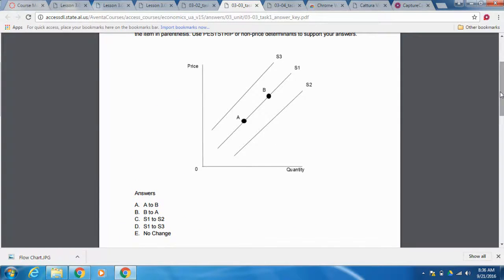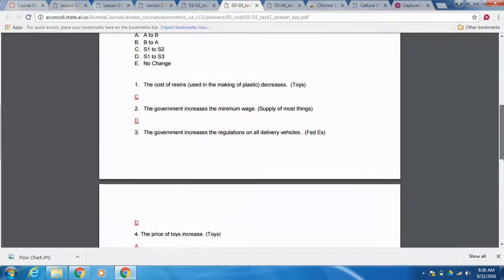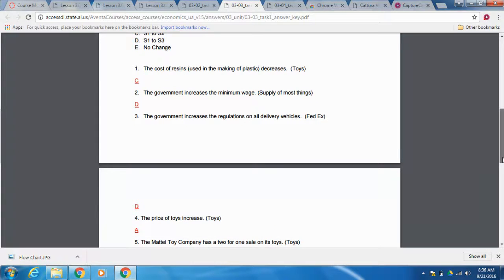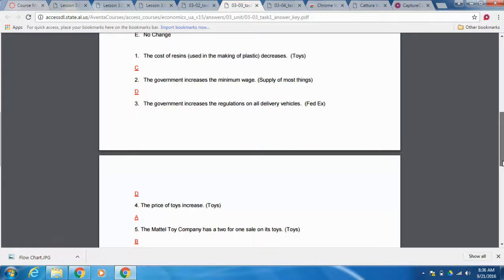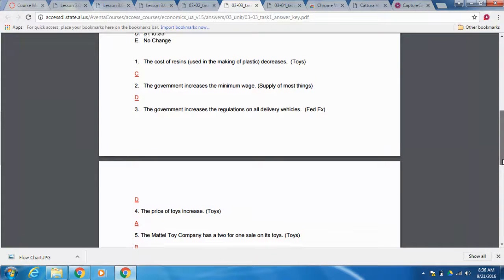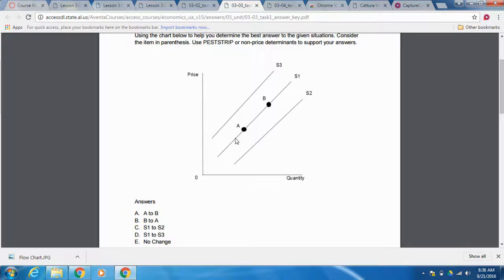It's going to be A. You go from A to B. There's a price increase. Doesn't change the supply. The Mattel Toy Company has a 2-for-1 sale on its toys. And that's going to be B. The price decreases. Because now you get 2 for the price of 1. So if originally toys were $10 a piece, now they're 2 for 1. You're getting toys for $5 a piece. So it's a decrease in price.